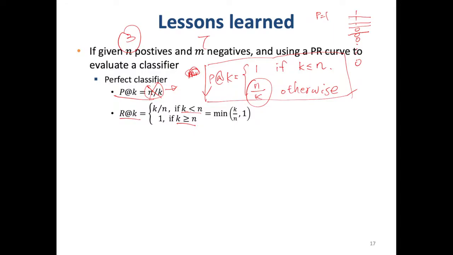Again, going back to this example, when k is 1, which means the threshold is here, then your recall is 1 divided by 3. If the threshold is here, the recall is 2 divided by 3. If the threshold is here, recall is 3 divided by 3.